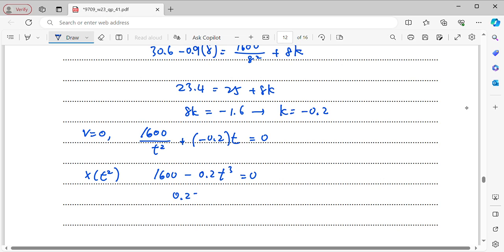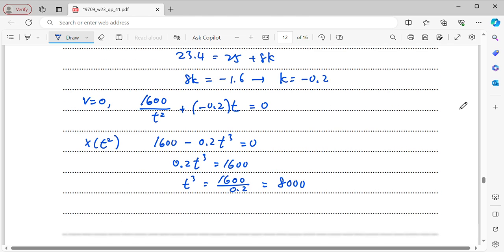So 0.2 t cubed equals 1600. So your t cubed is 1600 divided by 0.2, that is 8000. Which means your t is the cube root of 8000, that is 20.